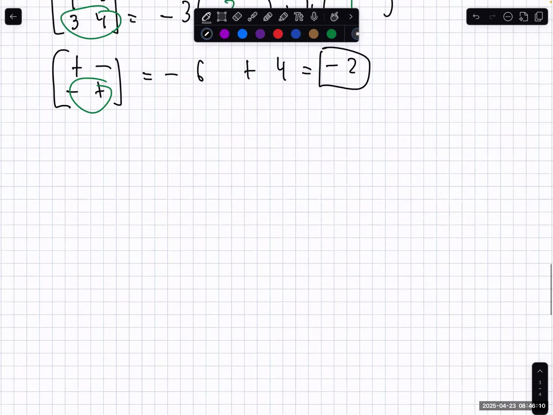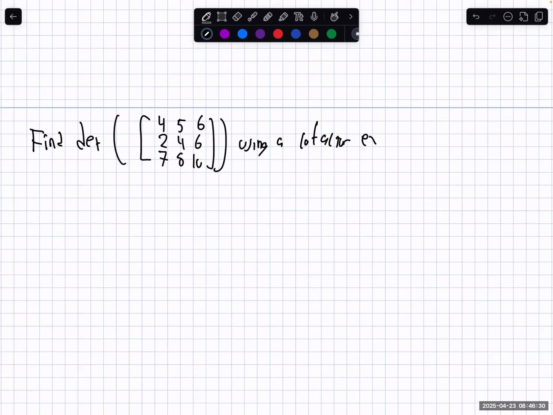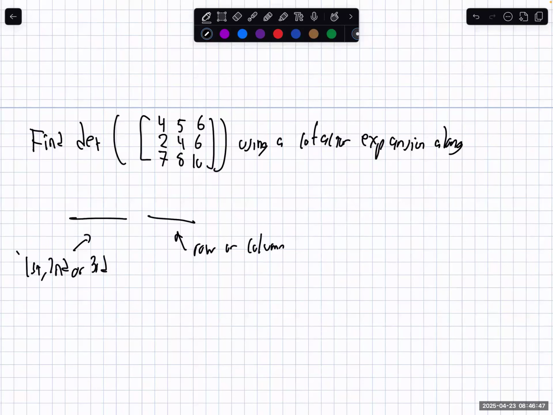Okay, let me show you how this works for the 3x3 case. You can do a cofactor expansion along any row or any column.